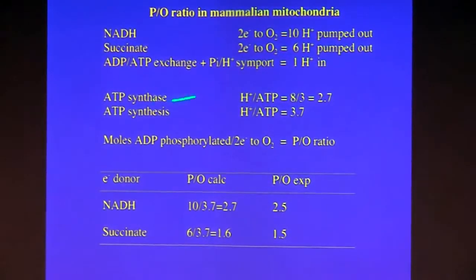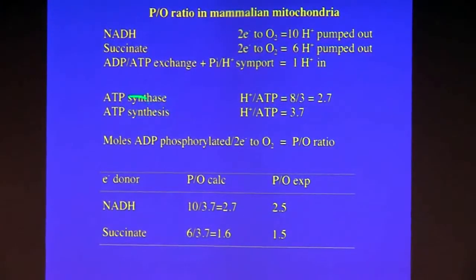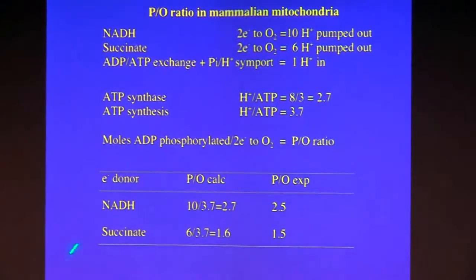And so the proton ATP ratio for the ATP synthase, for the enzyme, is 8/3, according to the structural model, 2.7. But for ATP synthesis, it's 1 more. You've got to add that. And so now you can calculate from these numbers the P to O ratio.